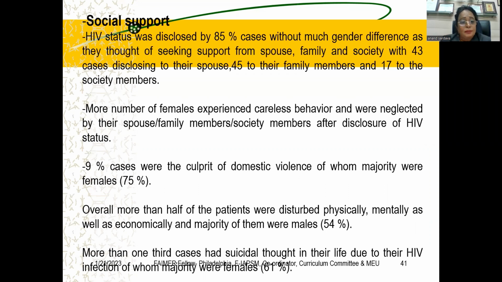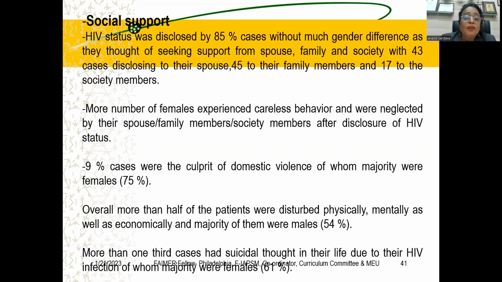Social support system. HIV status was disclosed by 85% of the cases without much gender difference, as they thought of seeking support from the spouse, family, and society, with 43 cases disclosing to their spouse, 45 to their family members, and 17 to others. This was a good aspect, that most of them had disclosed their HIV status.